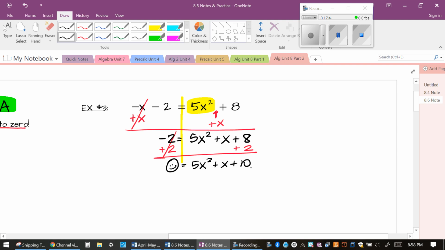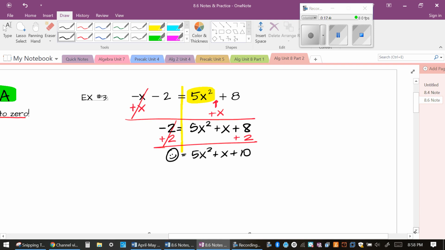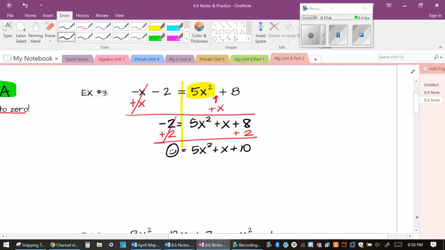Okay, so now I've got my coefficients. A is 5, B is 1, and C is 10.